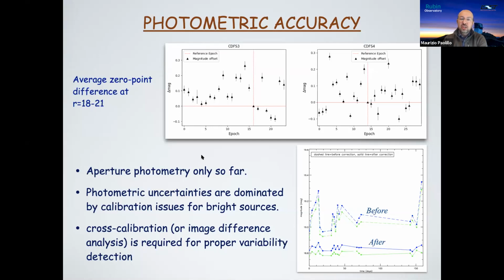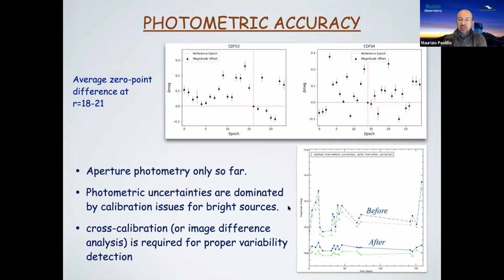This is just looking at the RMS variability, so no sophisticated fitting of the light curve whatsoever. We're doing just aperture photometry here, which of course can be improved and will be different with image difference analysis for LSST. And once you correct for aperture photometry, you get a much better handling of the uncertainties.